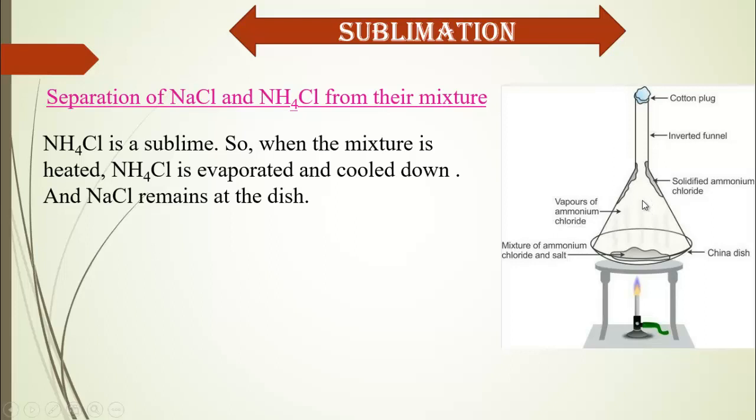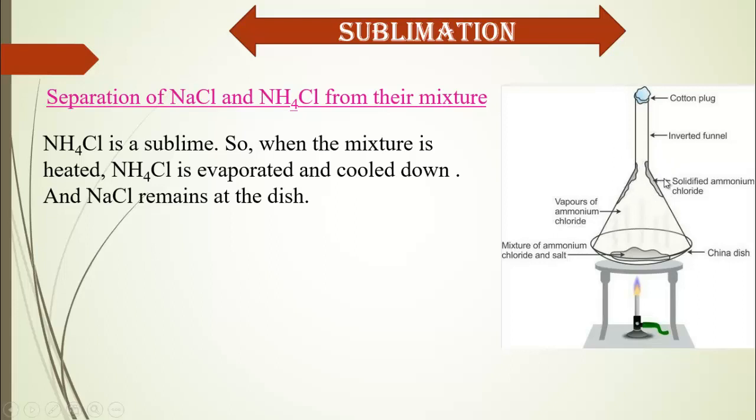Due to the cooling temperature, the ammonium chloride vapor is again converted into solid state. So on the inner surface of the funnel we will get the solid ammonium chloride.